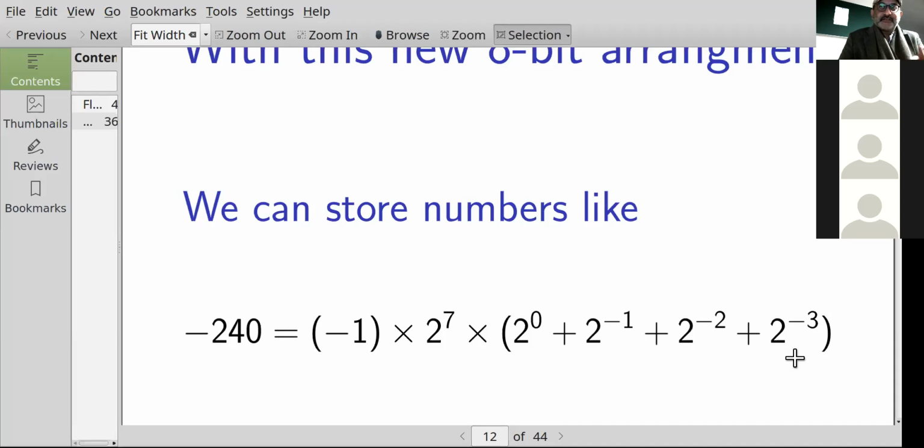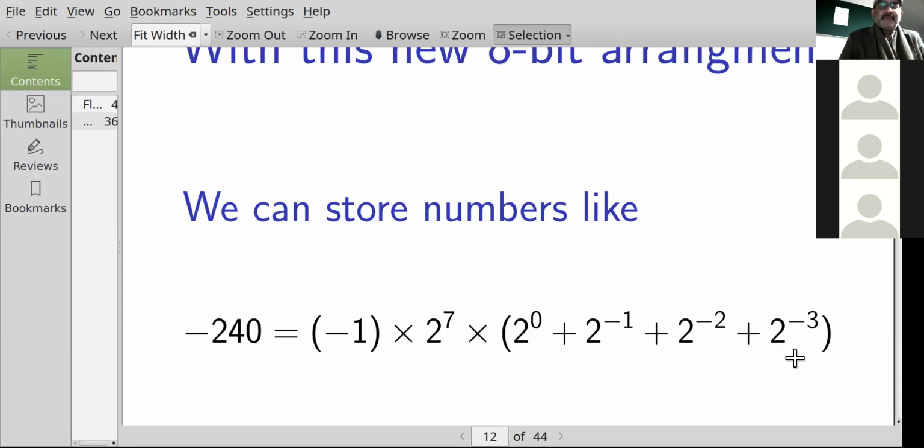Now, I've got 3 bits for an exponent, so I can store up to 7. My number could be multiplied by 2 to the 0, 2 to the 1, 2 to the 2, up to 2 to the 7, since the most that I can store with 3 bits is 7.